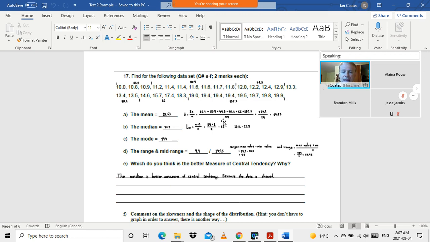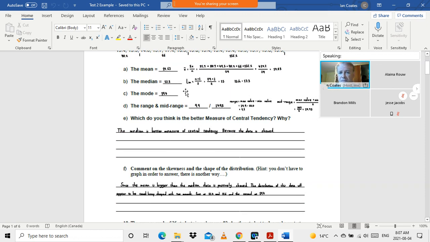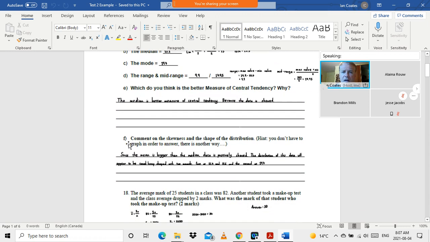We're going to go through this data set, which was quite tedious. There are a lot of numbers in there. So calculating the mean, median, mode, range and mid-range, they're all there. For comments, I was pretty flexible. There are lots of things you could say.